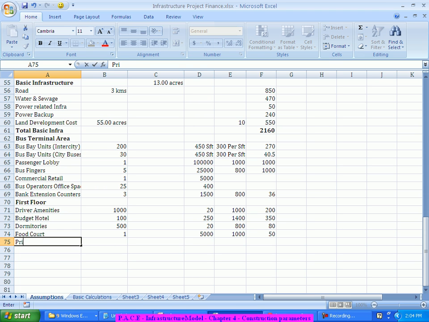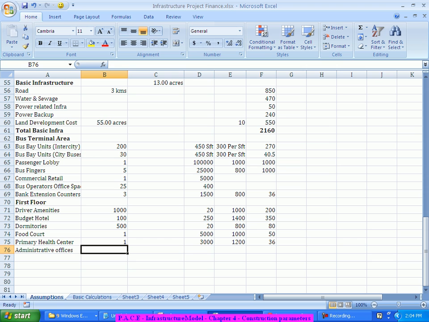Then primary health center. Okay, this is also something the PPP company only is maintaining. One primary health center with 3000 SFT space, developing it at 1200 per SFT, which is costing you this much. And administrative offices.